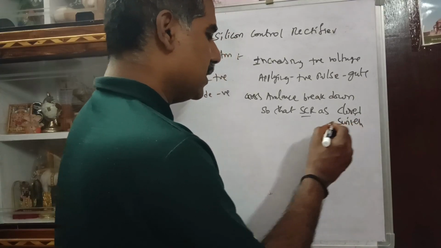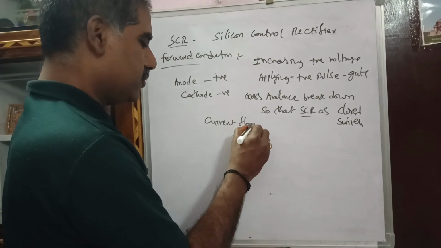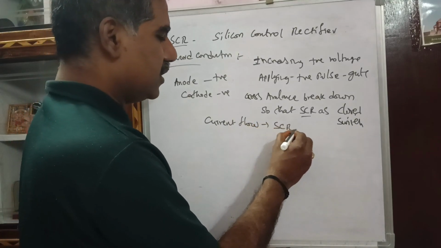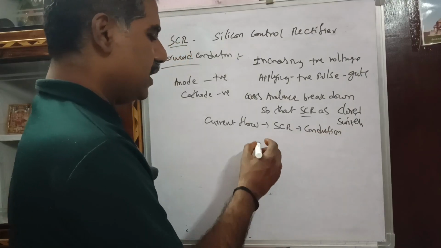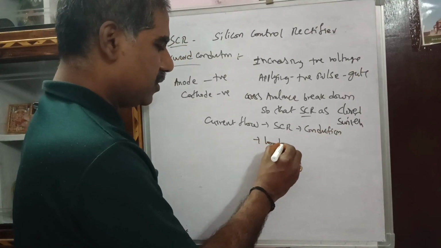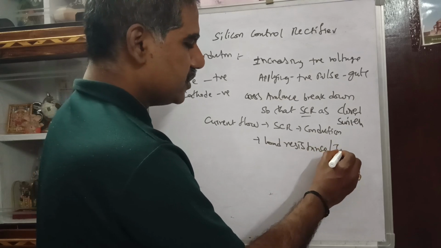The current flows through the circuit, so the SCR conducts. The conduction depends on the load resistance as well as the impedance of the circuit.